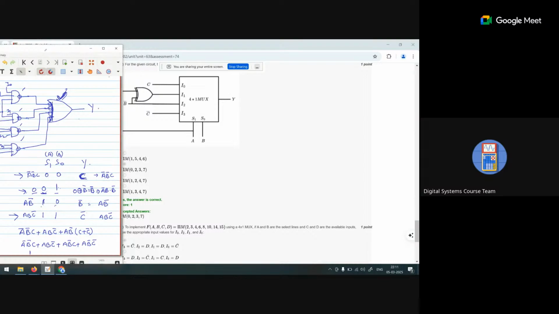It is 1, 6, 5, and 4. So these are the min terms. Remaining is the max term: 0, 2, 3, and 7. That is a sigma m 1, 4, 5, 6. Okay? Yes.